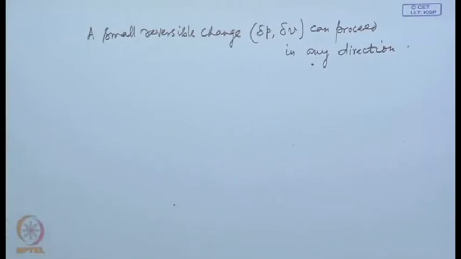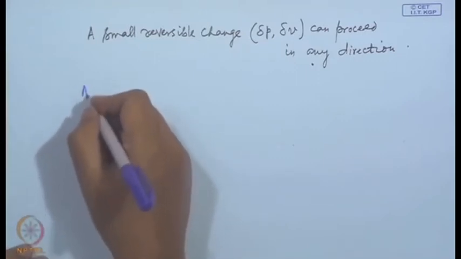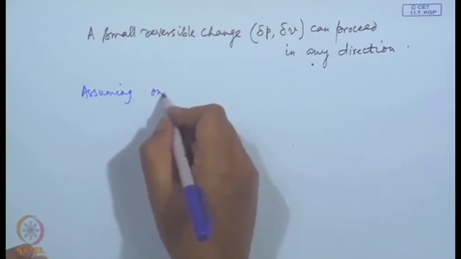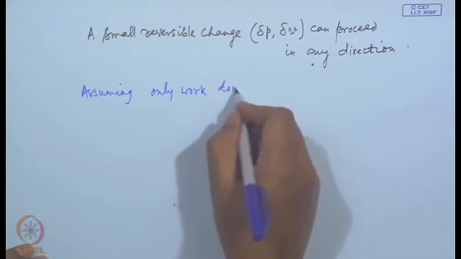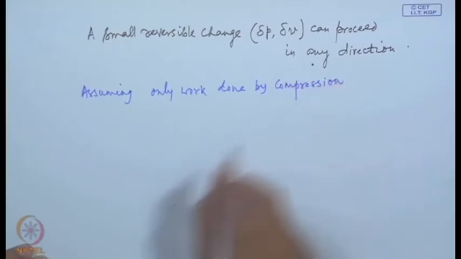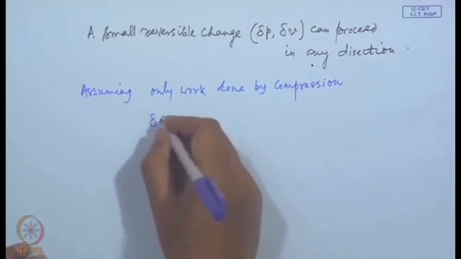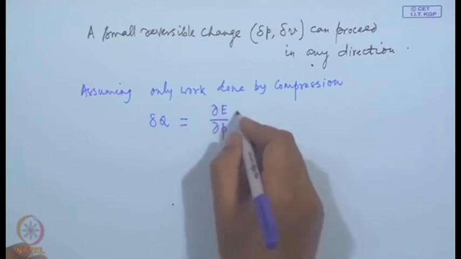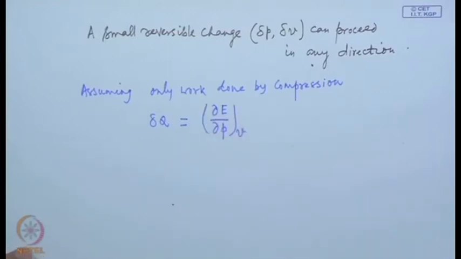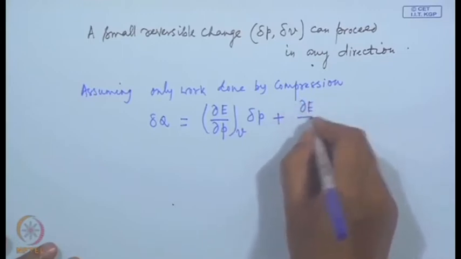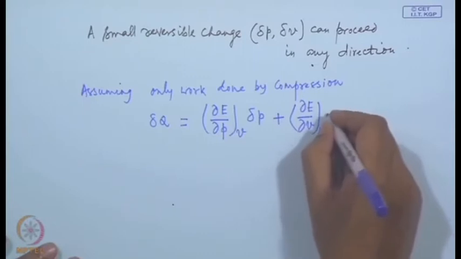Now, assuming only work done by compression, we have delta q is dE/dp at constant volume into delta p plus dE/dv at constant pressure into delta v.